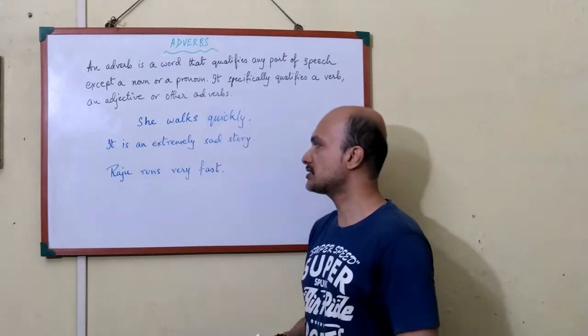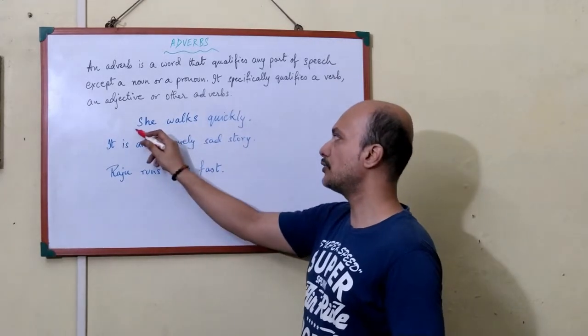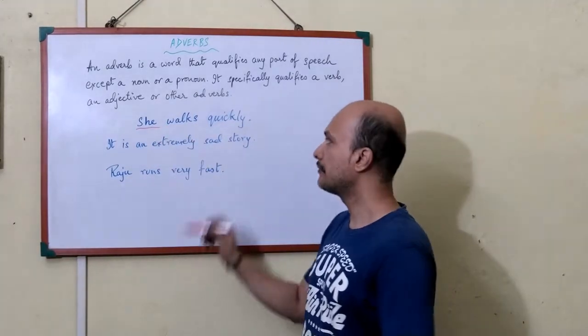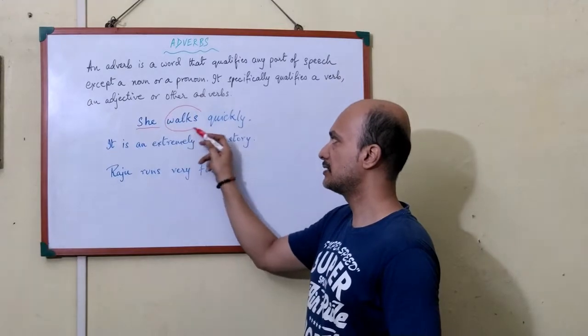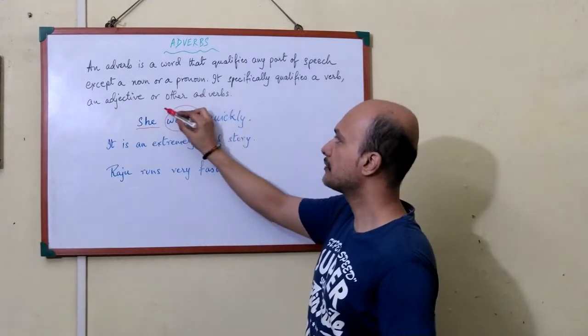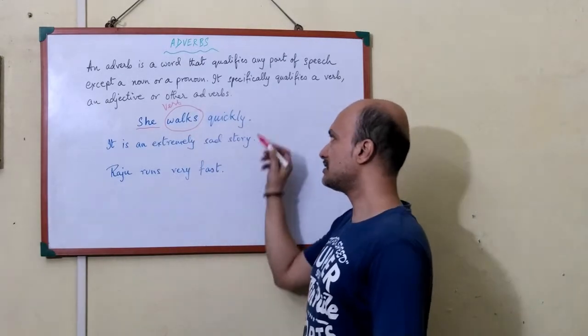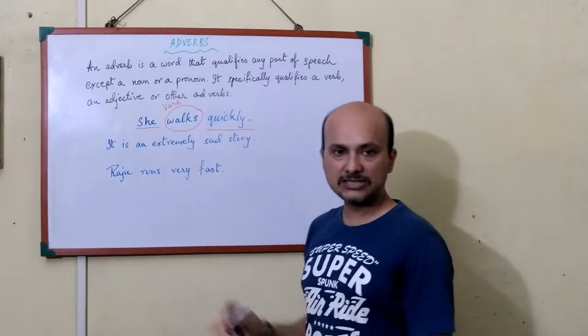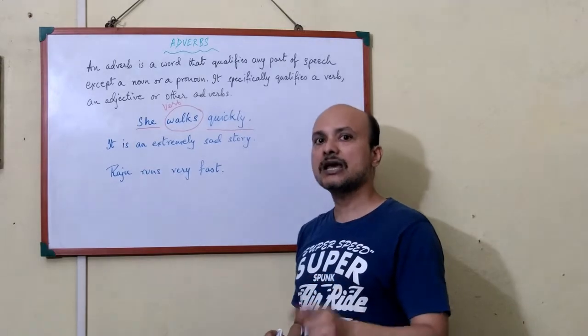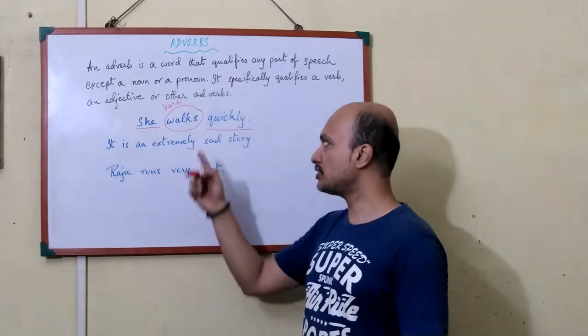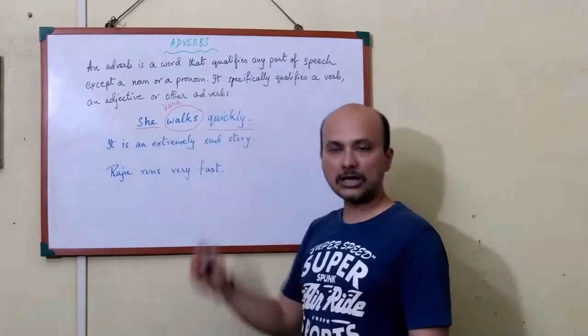First, she walks quickly. In this sentence, as you know, she is the pronoun. Walks is the verb. Now, what does this word do? Quickly, what is this doing? It is telling us about the manner in which this person is walking.